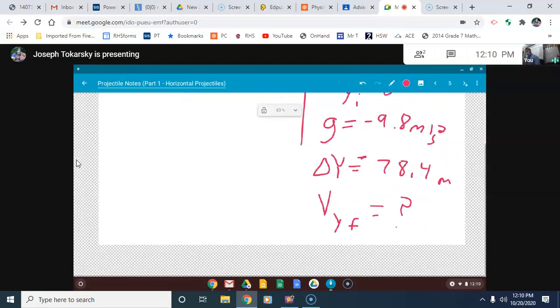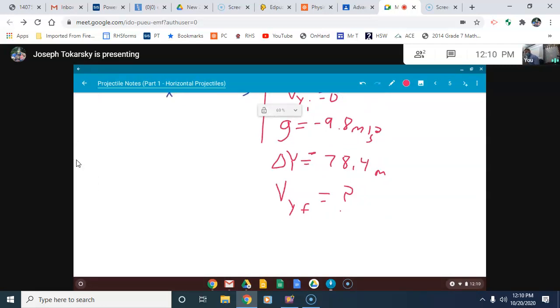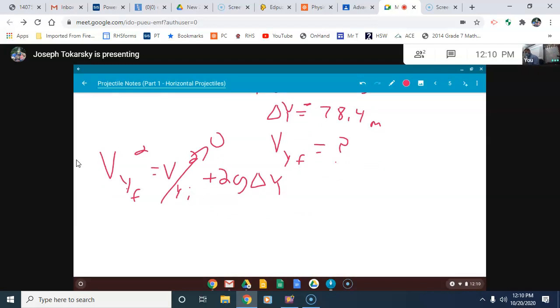All right. So if I use the right equation, which would be equation number 3, Vyf squared equals Vyi squared plus 2g delta y. That one's 0, therefore Vy final, we just need to take the square root of each side. It's going to be the negative version of it because it's on the way down.